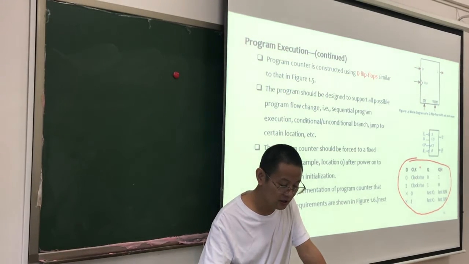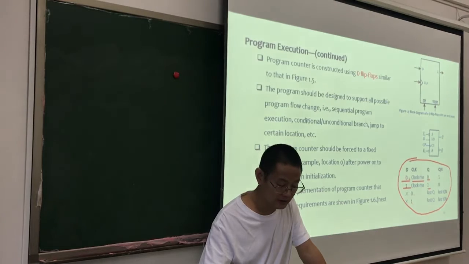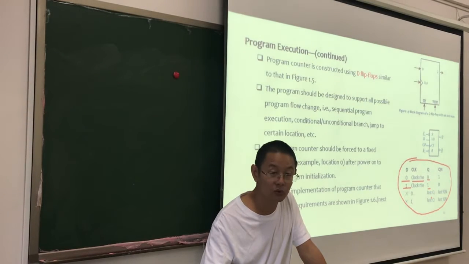When the clock rises, if D is 0, Q is 0; if D is 1, Q is 1. Otherwise, when the clock is 0 or 1 without a rising edge, the D state does not influence Q. The Q keeps its status.